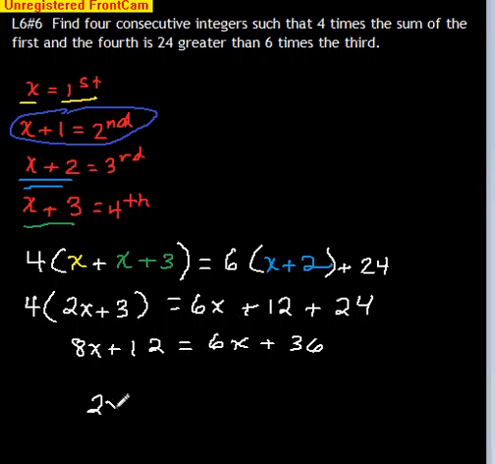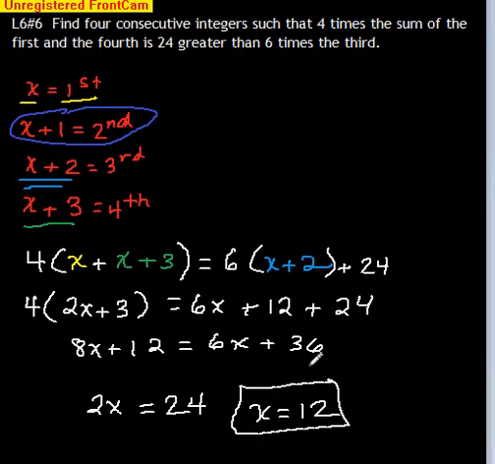Subtract 12, we get 24, and hopefully the answer is 12. So we go back up here, write our answers: 12, 13, 14, 15, 4 consecutive integers such that 4 times the sum of the first and the fourth is 24 greater than 6 times the third. So hopefully that helps. Keep sending your questions my way.